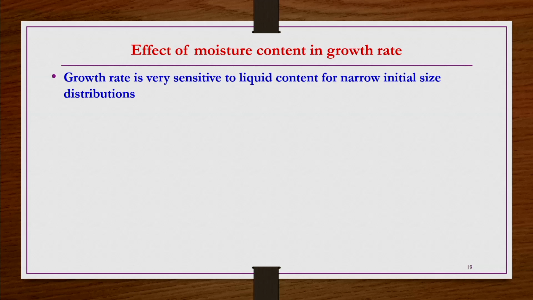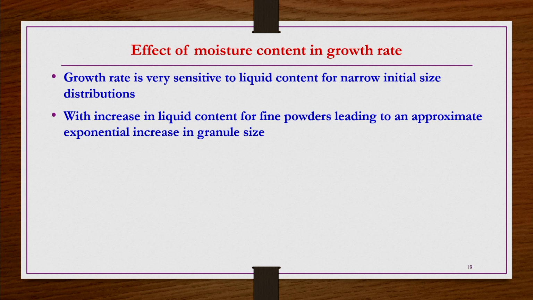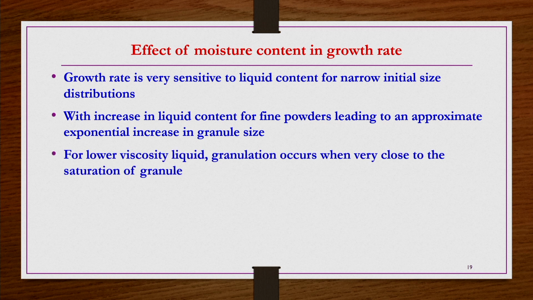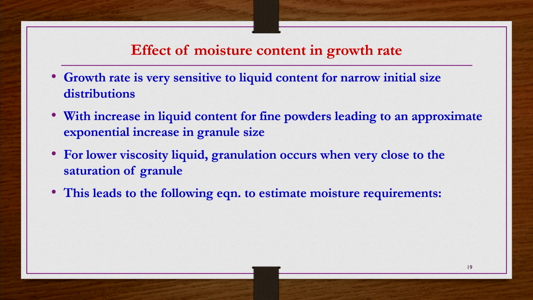Growth rate, or the size enlargement rate, is in general very sensitive to liquid content for narrow initial size distributions. With an increase in liquid content for fine powders, an approximately exponential increase in granule size may take place. For lower viscosity liquid, granulation occurs when very close to saturation of the granule. This leads to the following equation to estimate the moisture requirement.